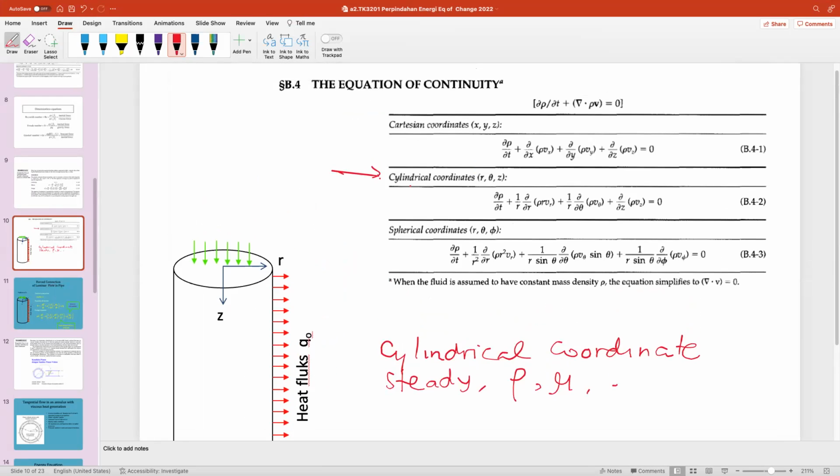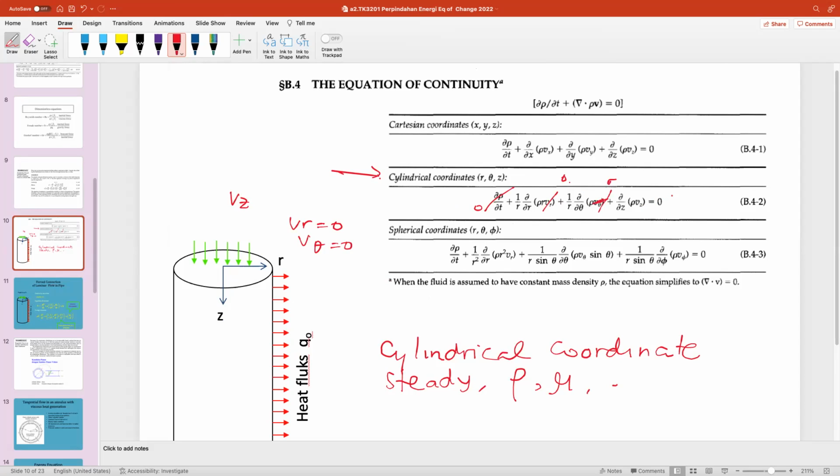Okay, because it is steady, this one equals 0. And then we only have Vz, while we don't have Vr, and we also don't have V theta, because we remember it is only flowing in the z direction, so this becomes 0, and this becomes 0 as well.